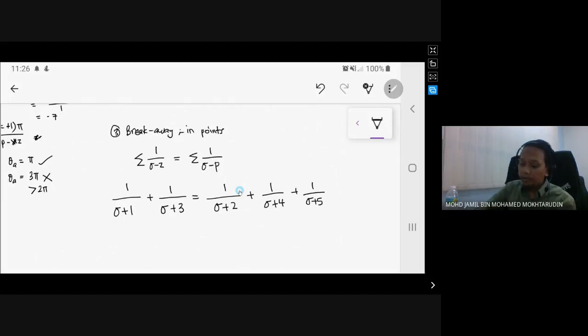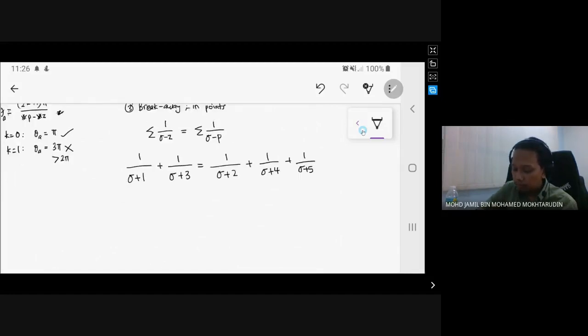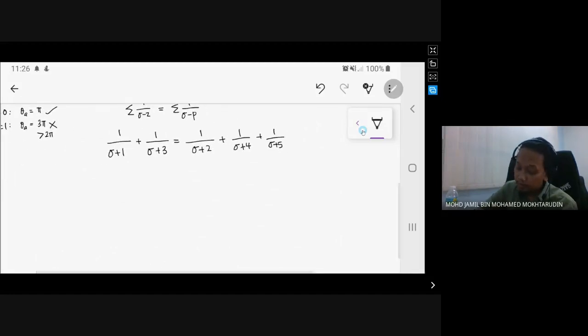Okay, and then simplify. Macam mana nak simplify ni? So darab, simplify fraction, okay.